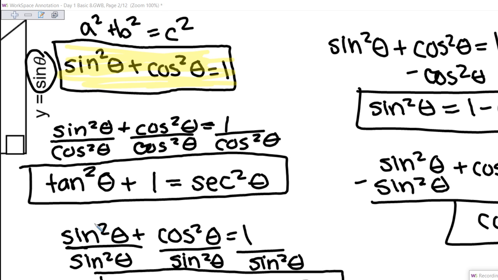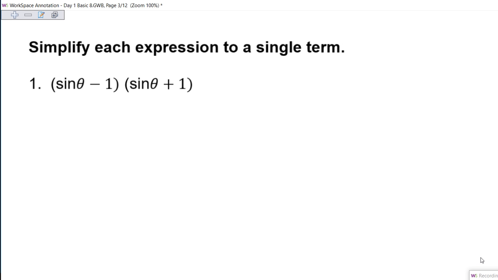Well, yeah, they have a theta, but they all have a term that is squared. So keep that in mind when you're trying to do a proof today. If you see a 1 with a term that is squared, it's probably a derivative of the Pythagorean identity. Sine squared plus cosine squared equals 1. Okay, so let's use these identities.